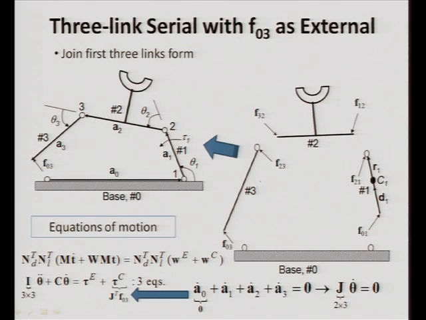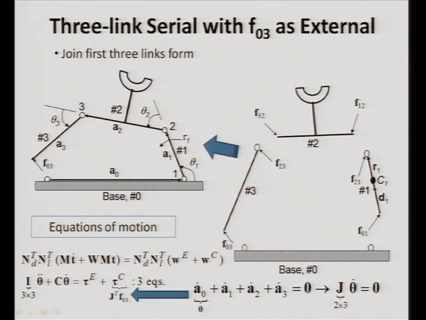Instead of putting all of them together, let me put the first 3 links, one link, second link and third link, coupled by those joints. So, after dismantling it, I am assembling it again, but except the last joint, because I wanted to create a serial chain and I have good knowledge of serial systems.